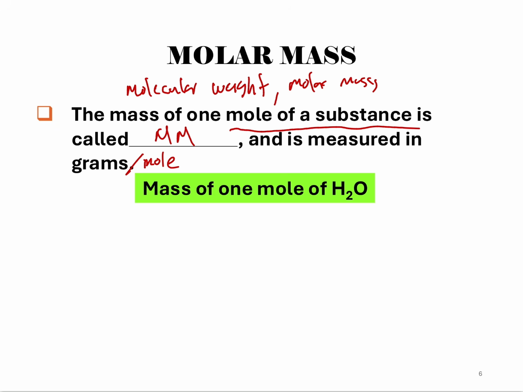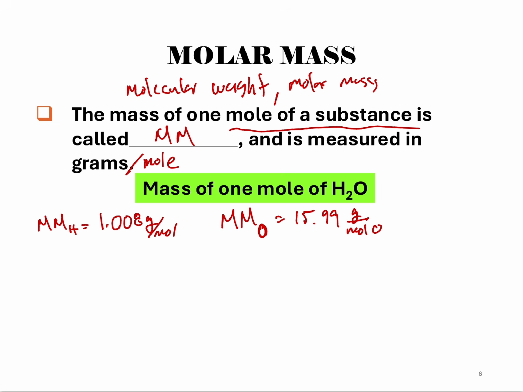If we have a molecule, then we have to add up the molar mass of each of the components. So the molar mass of hydrogen is equal to 1.008 grams per mole. And the molar mass, I'm using the subscript to indicate atomic, so the element oxygen is 15.99 grams per mole of oxygen.